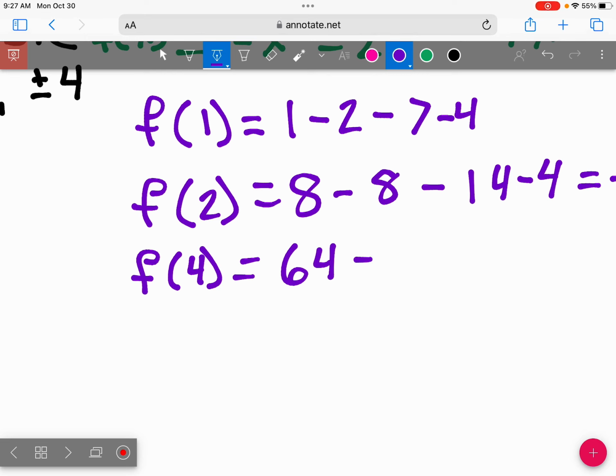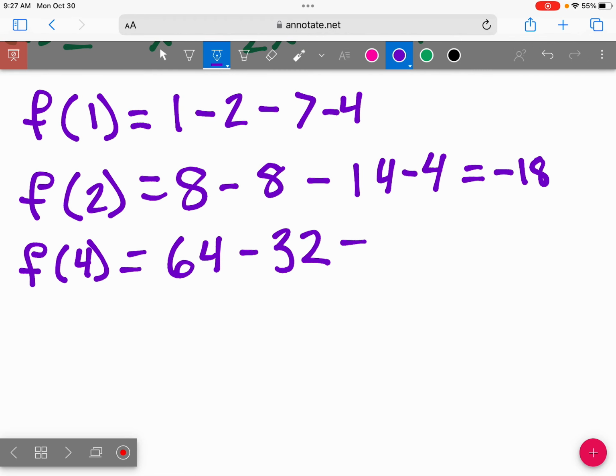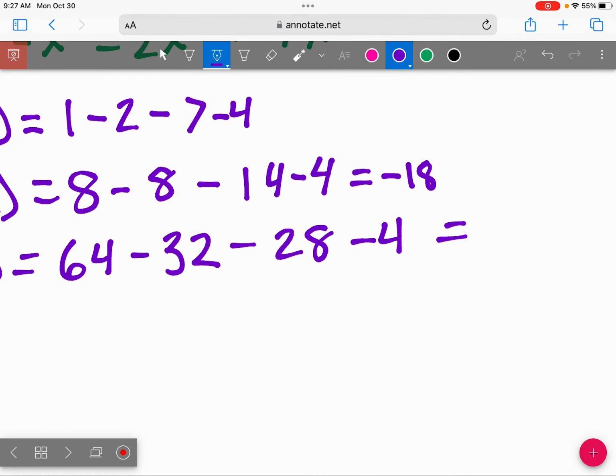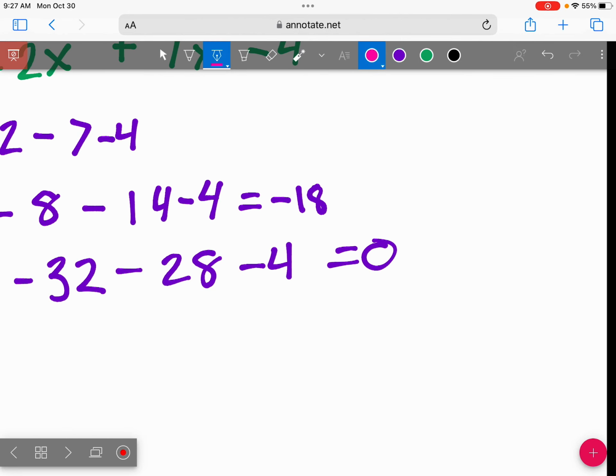Minus 2 times 4 squared is 32. Minus 7 times 4 is 28. Minus 4. What do we get? 0. That tells me that 4 is a root.